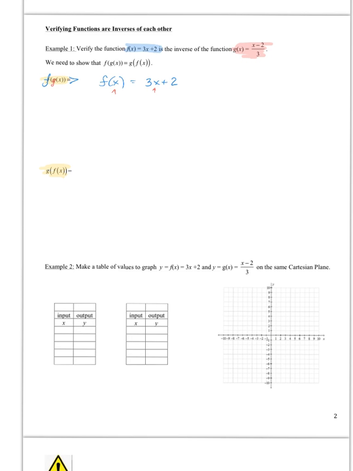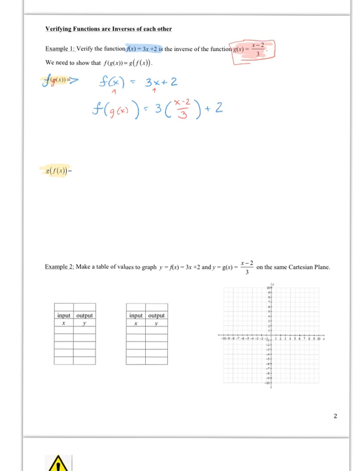So I'm taking f of g of x, and that would be 3 times, we said x is g of x, and this is g of x, so that would be (x minus 2)/3, plus 2.